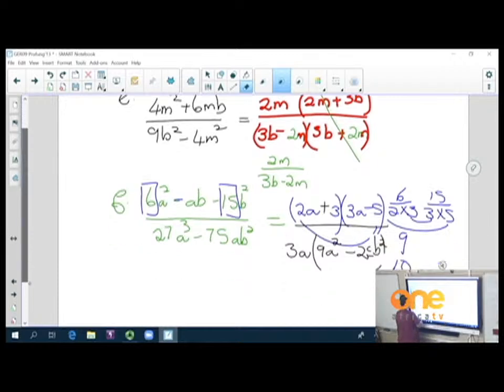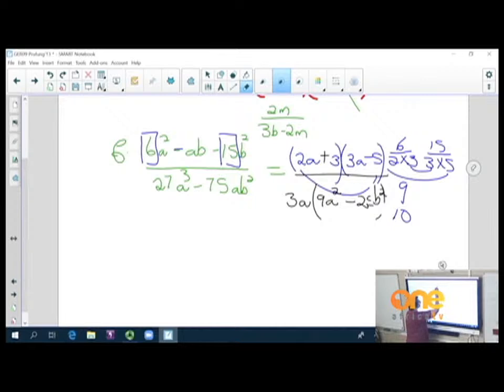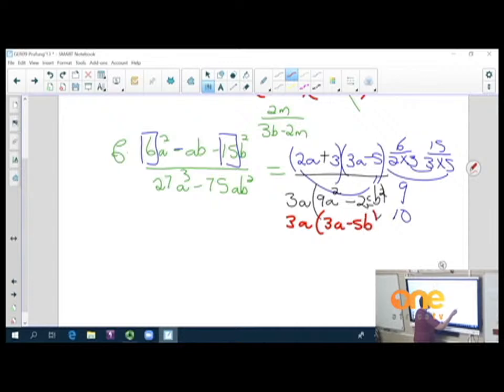Okay. This one can actually factorize further because this is the difference between squares. So I also have here 3a minus 5b, and then 3a plus 5b. So I can even factorize this one further. And there should be a b.